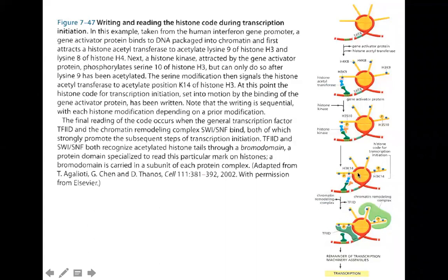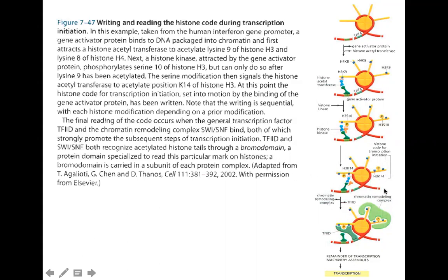Sorry, one additional thing we need to do is, after serine 10 has been phosphorylated, histone acyl transferase would now acylate another amino acid, which is lysine on the 14th position. This is now acylated. So now the code is ready for gene expression.